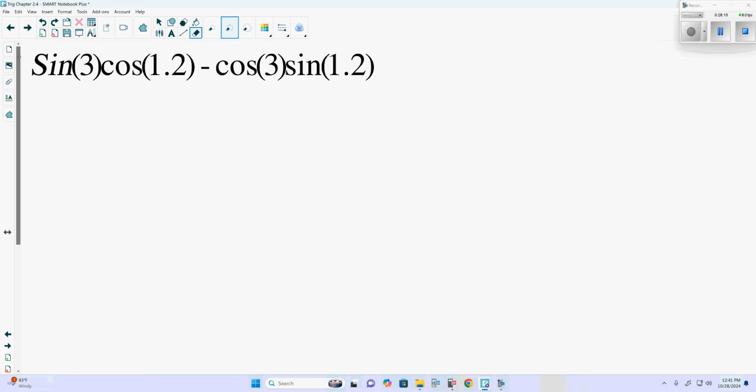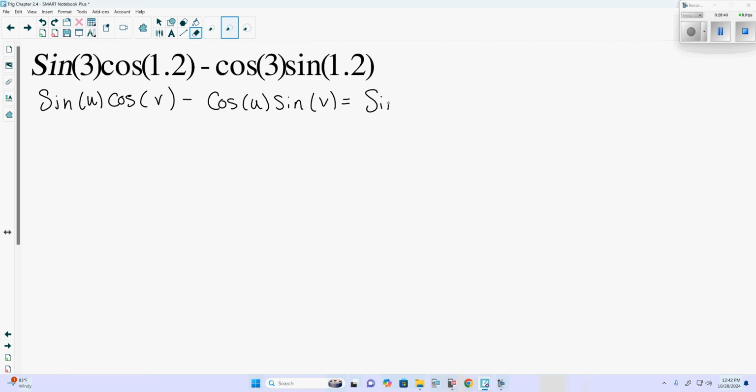So, well, sine times cosine minus cosine times sine. Well, this is matching up to our sine of u cosine of v minus cosine of u sine of v, which is our sine of u minus v.